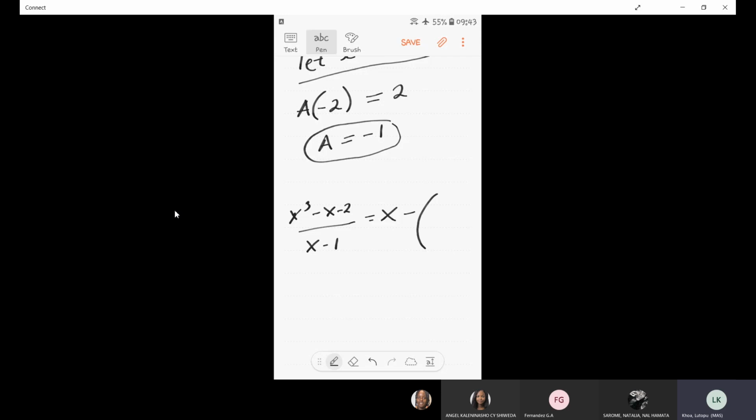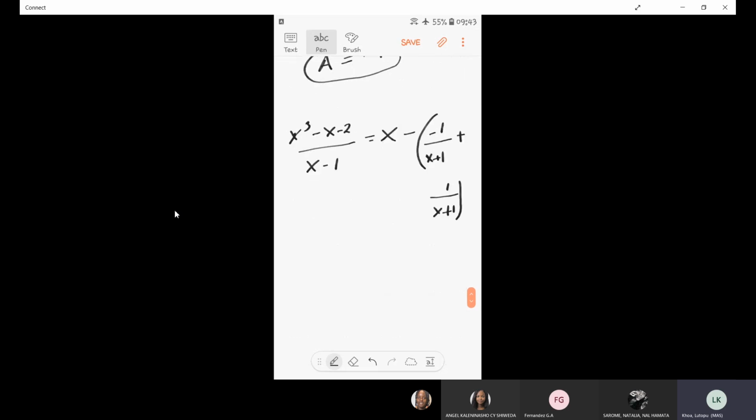So it's minus a, we said it's minus 1 over x plus 1, and then plus b, which is 1 over x plus 1. Okay, this is all in brackets. It doesn't look so nice, but that is what it is. So here, then I can remove the brackets.